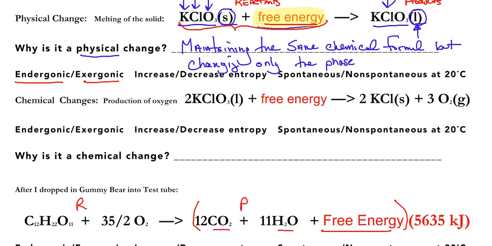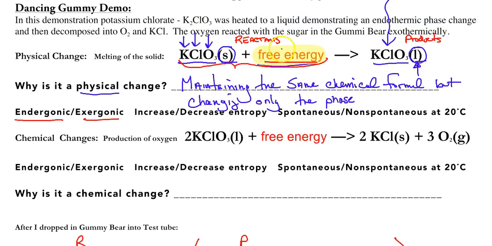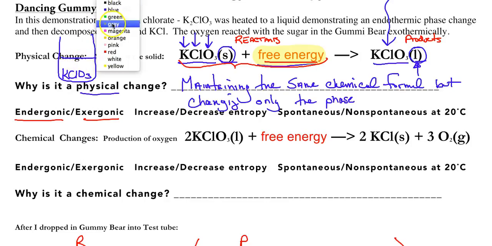So free energy is a product in this case. In the case that we're looking at, the free energy is a reactant, which means we need it. Okay, if we need it, that probably means that we're taking KClO3, which was in a test tube, so I'll draw a little tube here, and that's our system. Let's define our system. And what was happening? Well, heat was flowing into the system, okay?